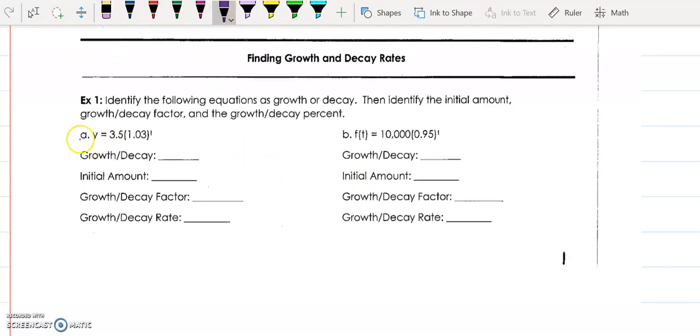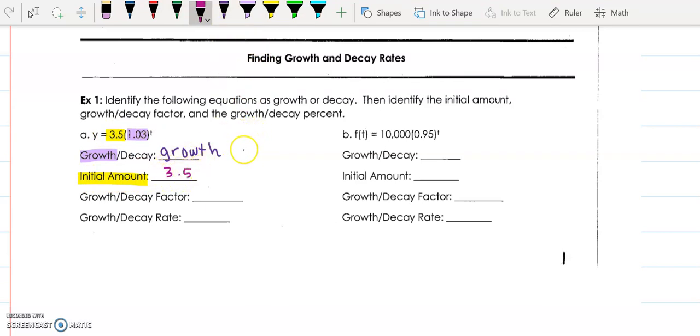So for example 1a, our growth or decay factor is 1.03. And since this number is greater than 1, this is a growth function. The initial amount is our leading coefficient, 3.5.